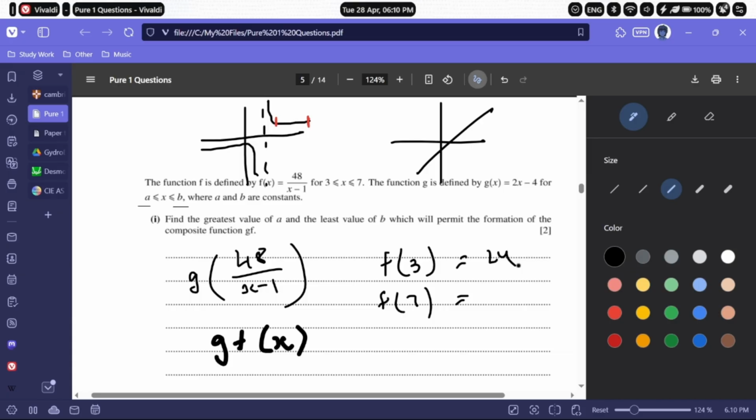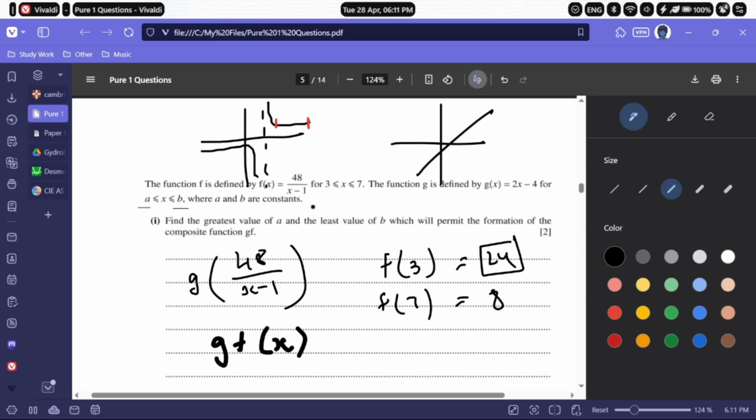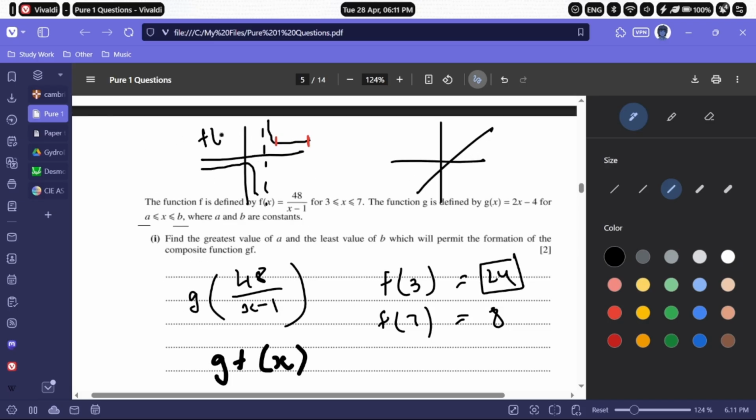And then 48 over 7 minus 1, so that's 8. Your maxima would be 24, your minima would be 8 in this case.